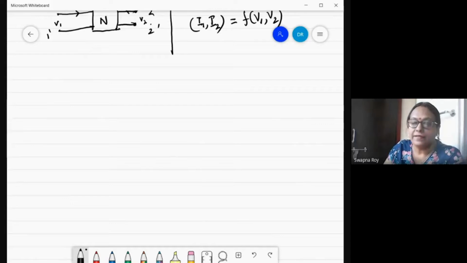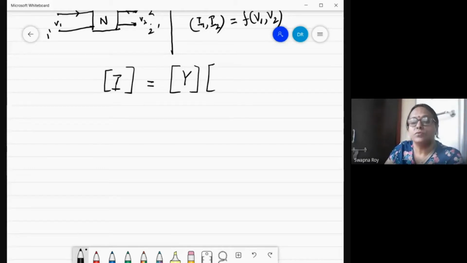So in matrix form, I can write it as I matrix is equal to Y matrix into V matrix.